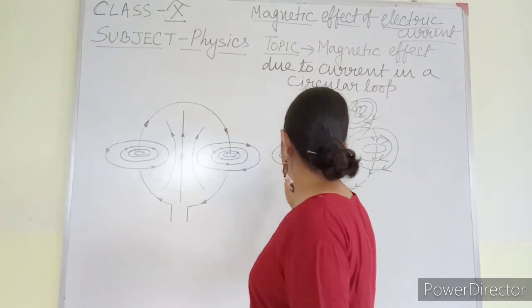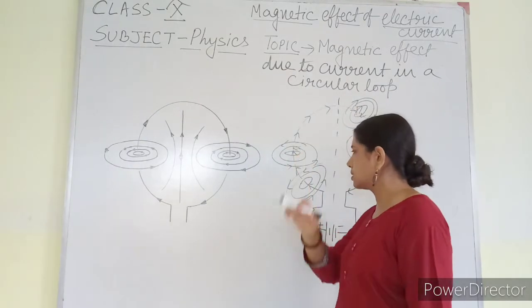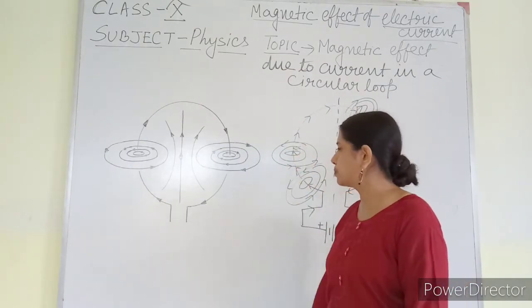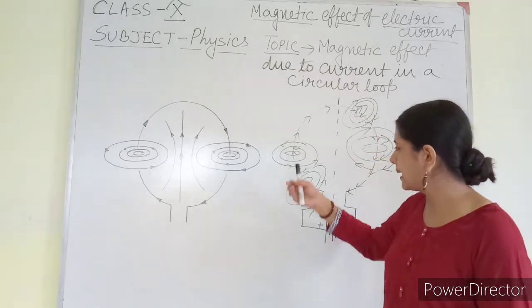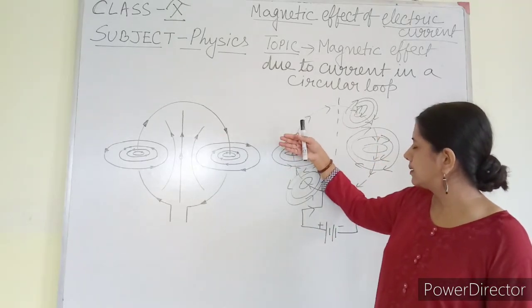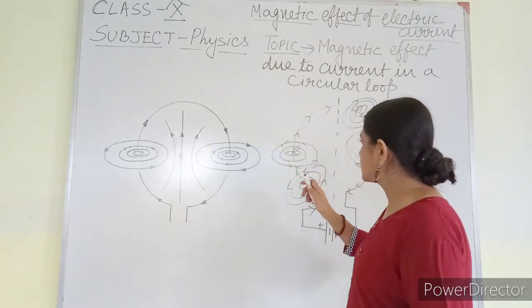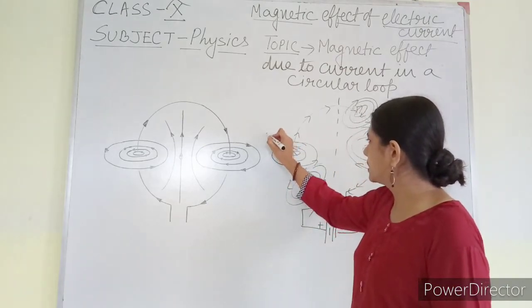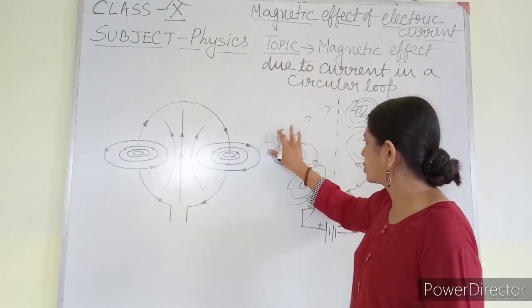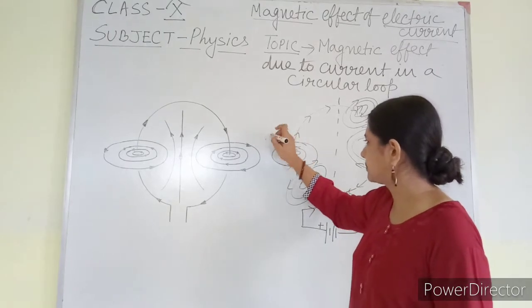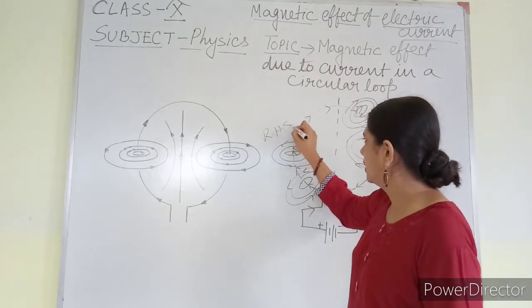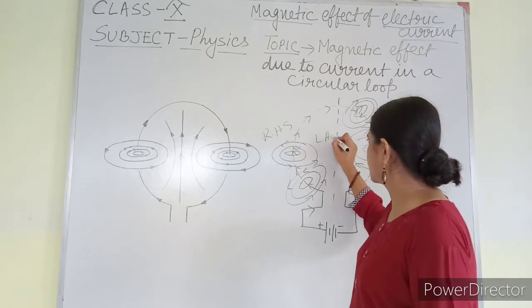Suppose I am taking this particular portion, because this is vertical. Now I will apply the right hand thumb rule. In this circle, this portion is the left hand side and this is the right hand side.